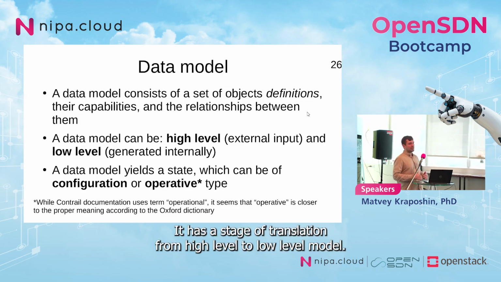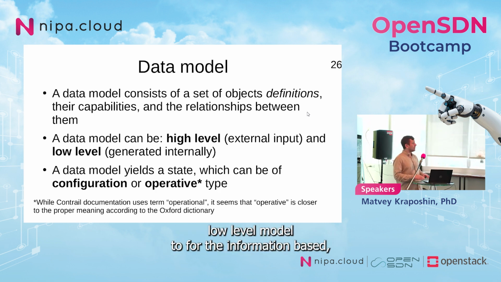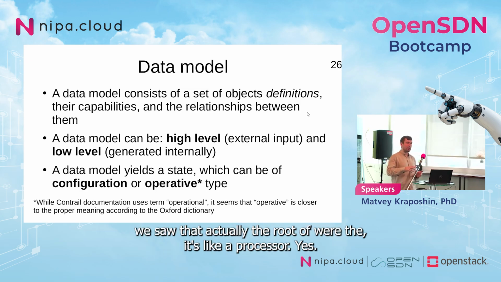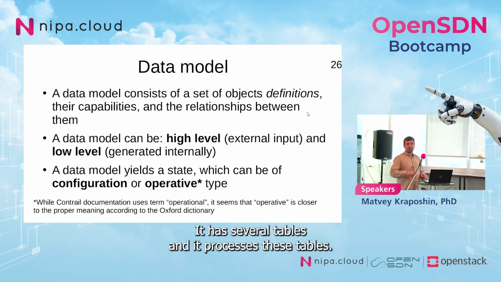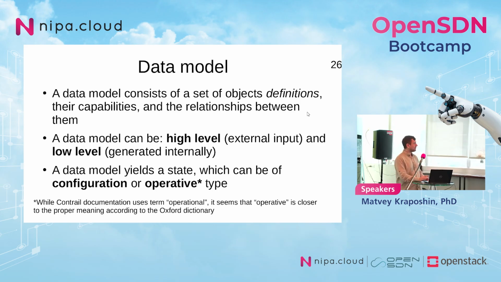It has a stage of translation from the high-level to the low-level model, and it has a stage of translation from the low-level model to the forwarding information base, which is actually used for forwarding packets. And yesterday we saw that the router forwarder acts like a processor. It has several tables, and it processes these tables in some kind of fetch and execute cycle.